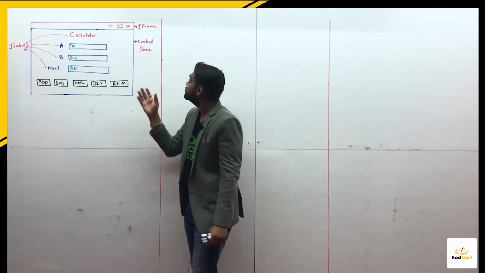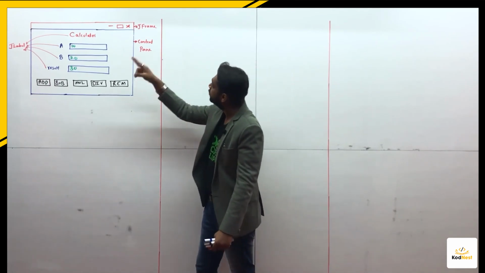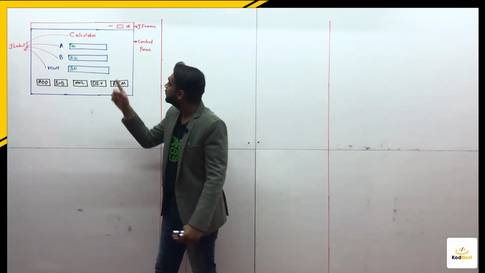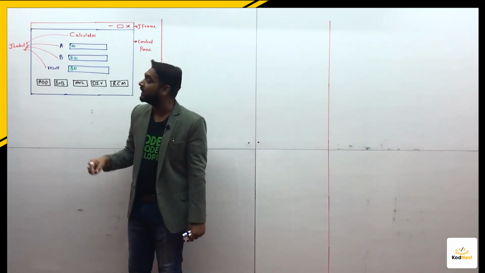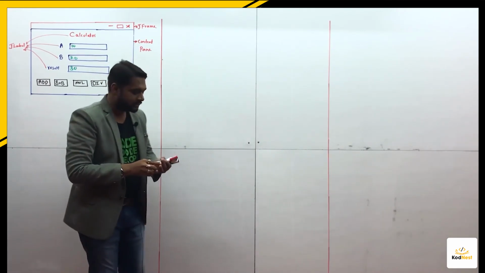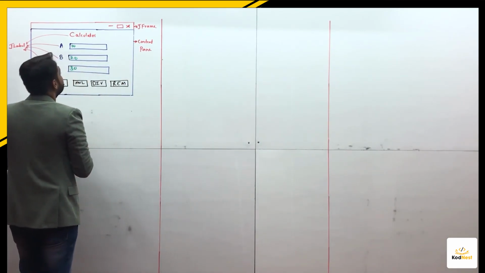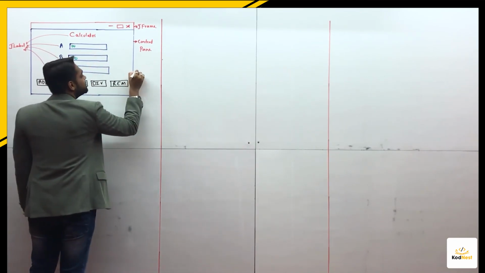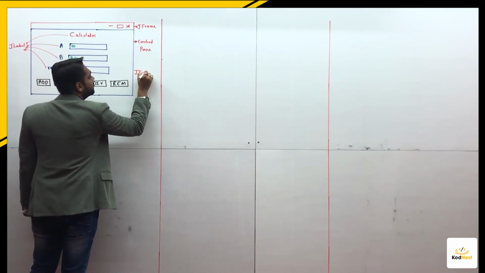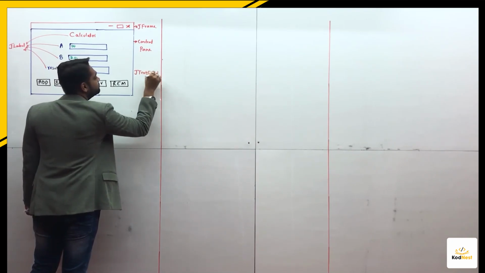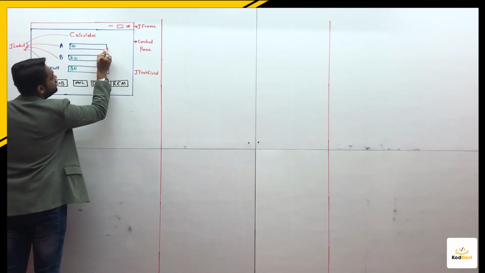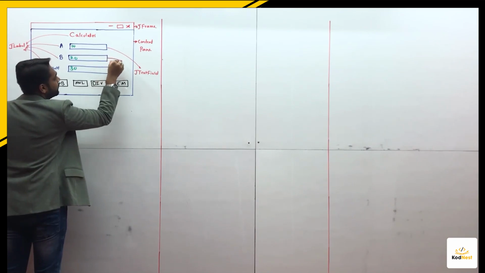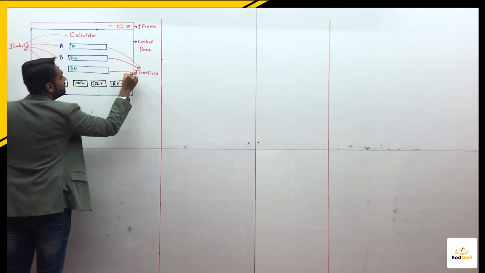Okay sir, JFrame is the full window. This blue color part is the content pane. Calculator, A, B, result are JLabels. Then what is this, sir? This is called a JTextField. These 3 are JTextFields, Java's text fields.